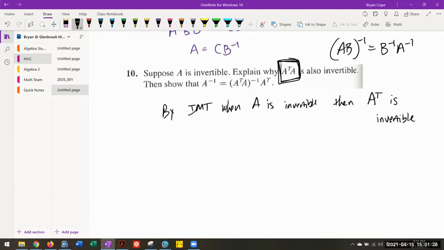Okay, so that means that A transpose A is the product of invertible matrices, so its inverse is A inverse times A transpose inverse. But what do we do with that? What's the goal? The goal is to show this thing right here.